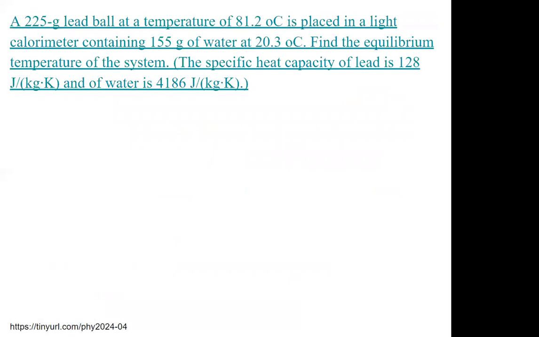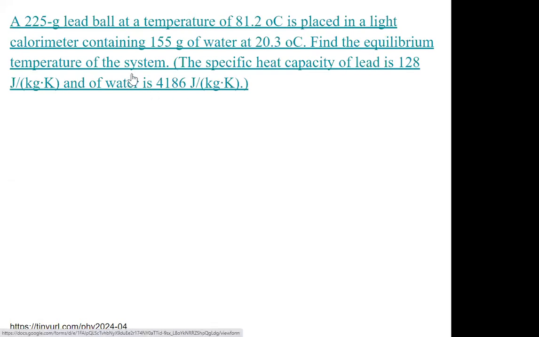This one says a 225 grams lead ball at a temperature of 81.2 degrees Celsius is placed in a light calorimeter containing 155 grams of water, initially at 20.3 degrees Celsius. In this case, you are given the heat capacity of the lead, so you can predict what's the final equilibrium temperature of the system.